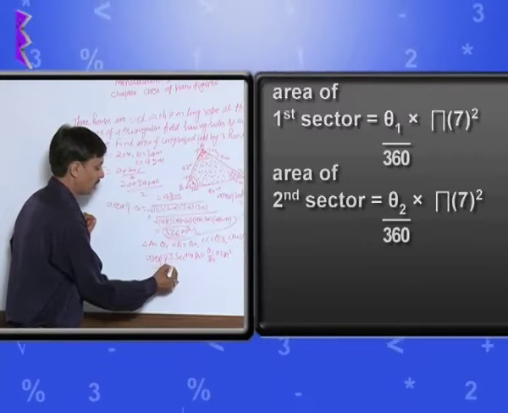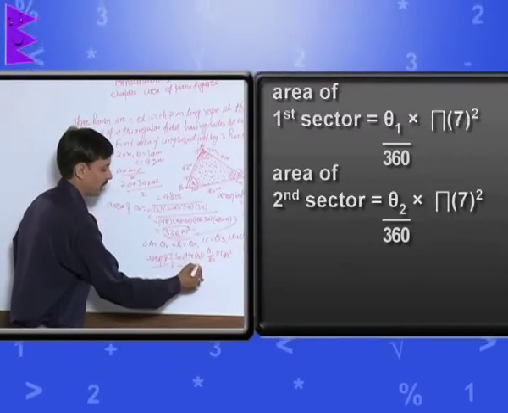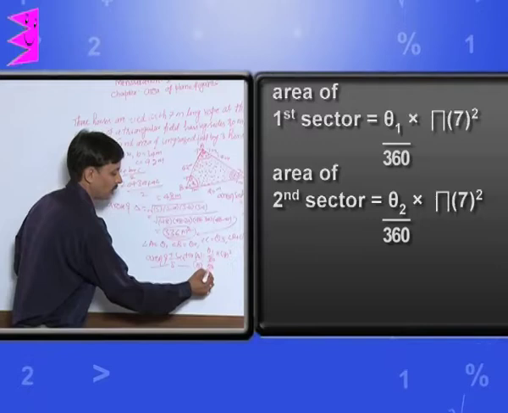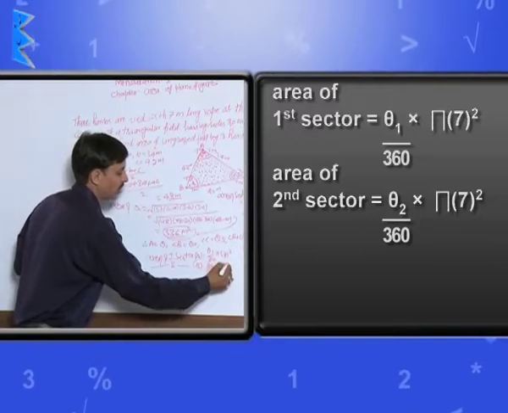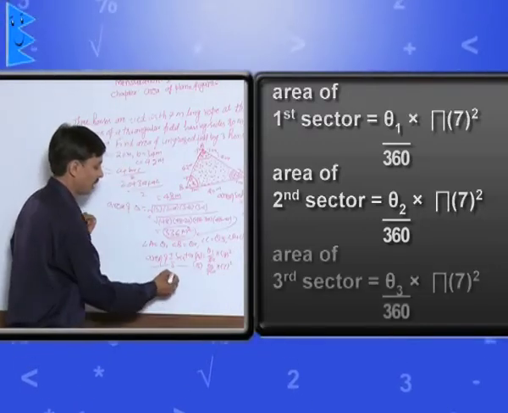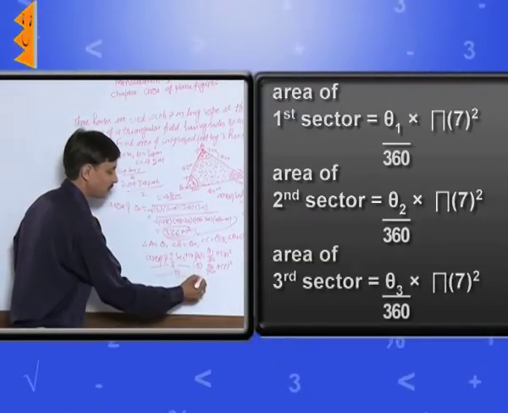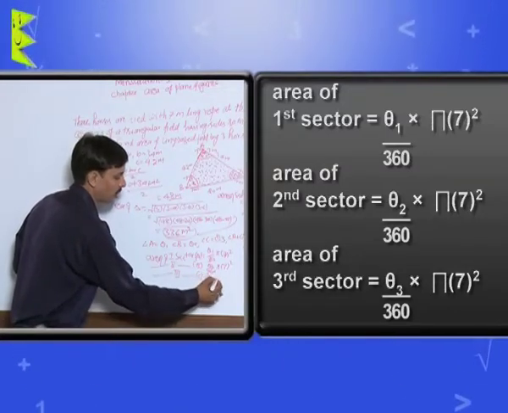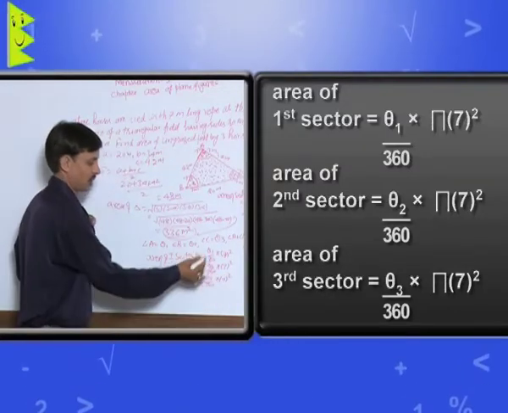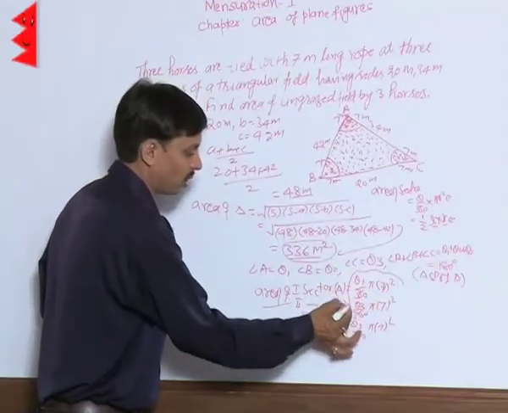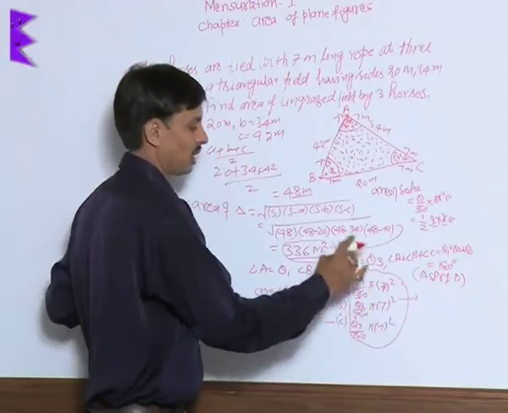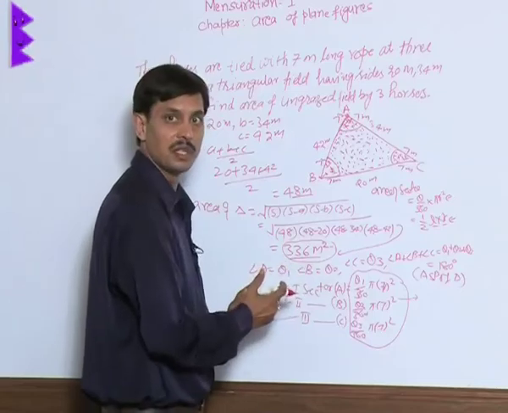Then the area of the second sector, that is with vertex B, is theta 2 upon 360 into pi, the radius again being the same. Area of the third sector, that is with vertex C, is theta 3 upon 360 pi into 7 square. If I add all these results, I will come to know the area of all three sectors.